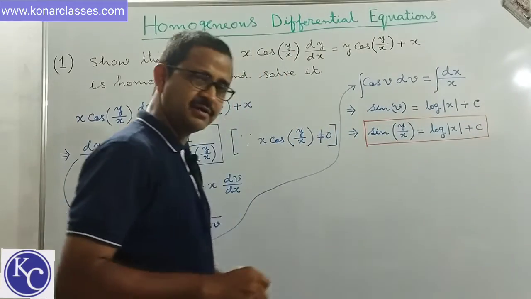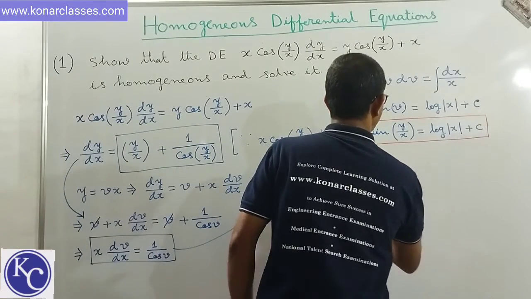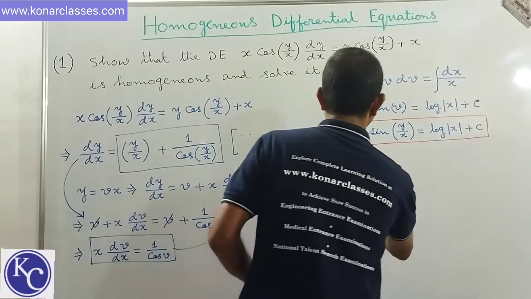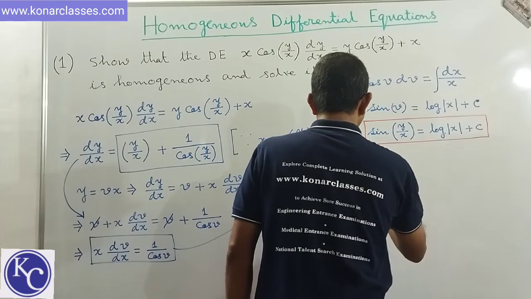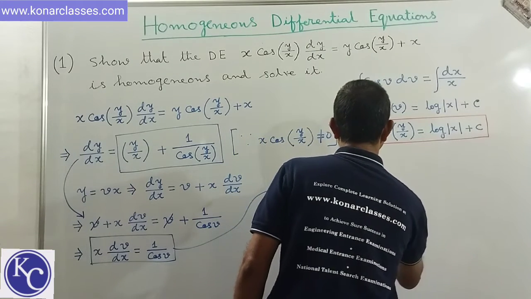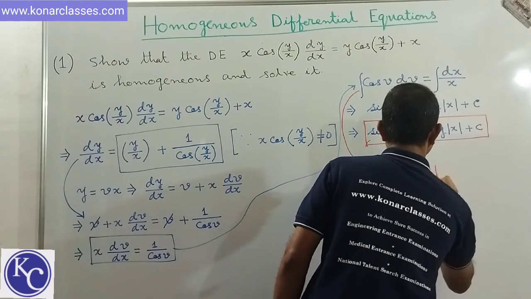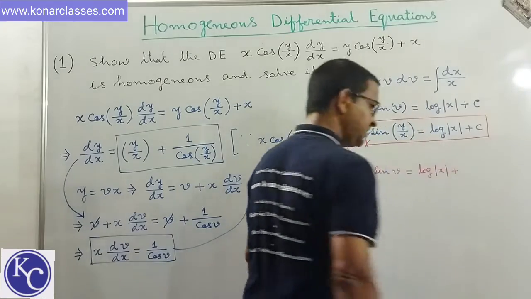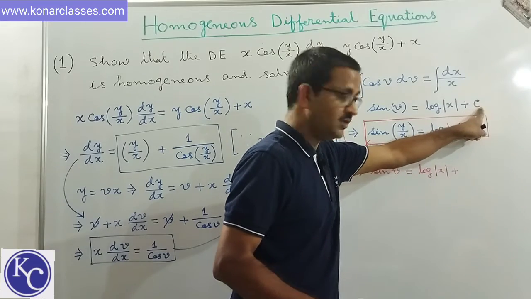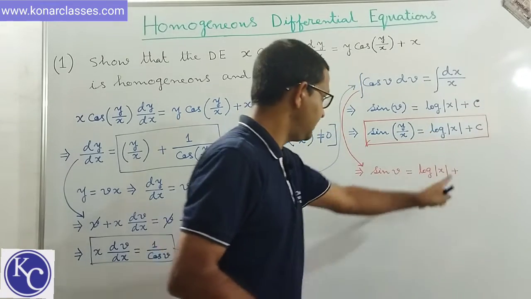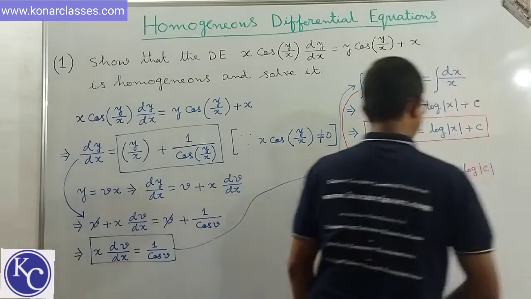Also you can optimize it a little bit. From here, we can write sin v is equal to log|x| plus 1 integrating constant. That integrating constant, here we have written as c, we can write as log|c|, for example.